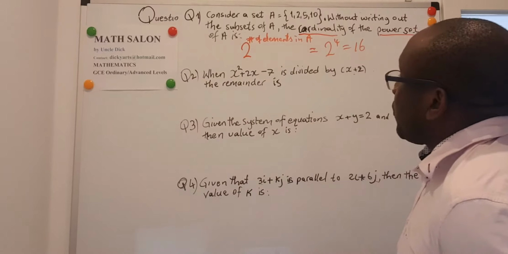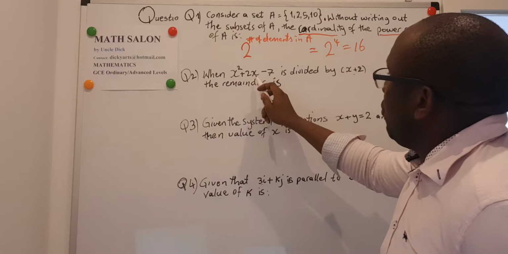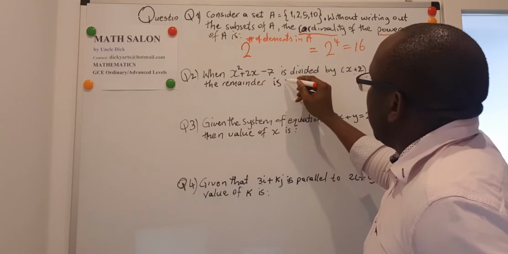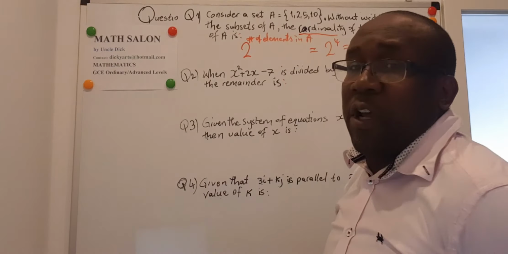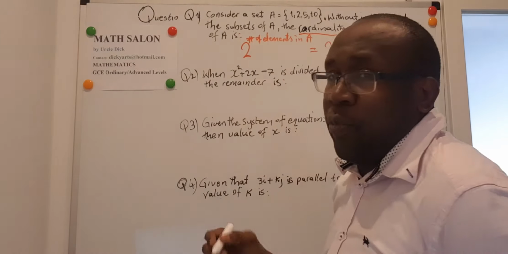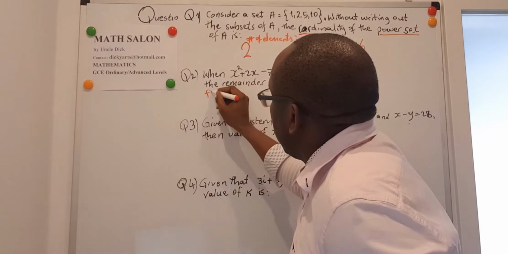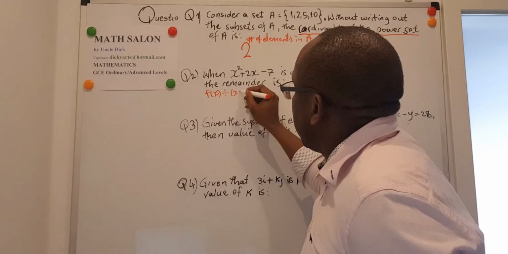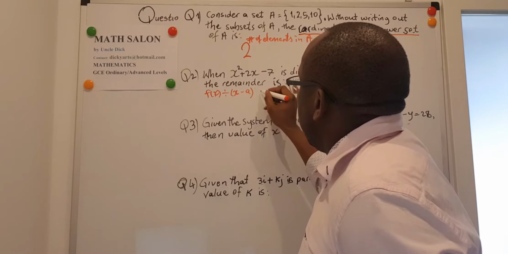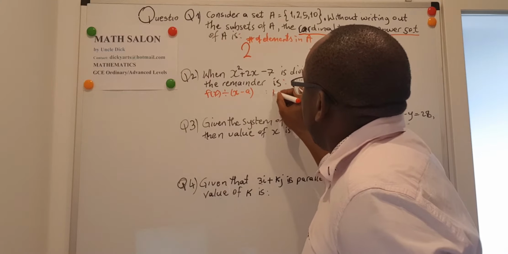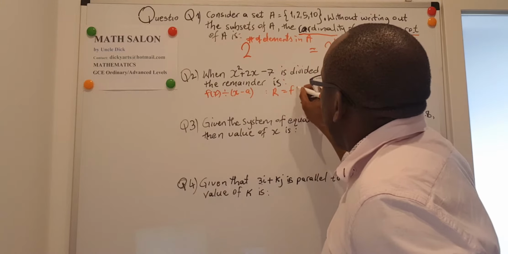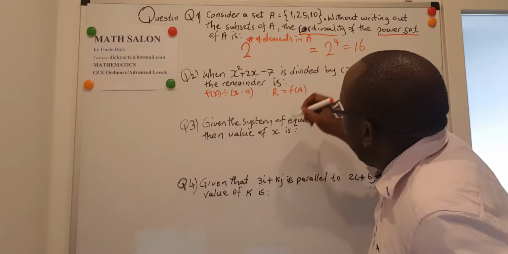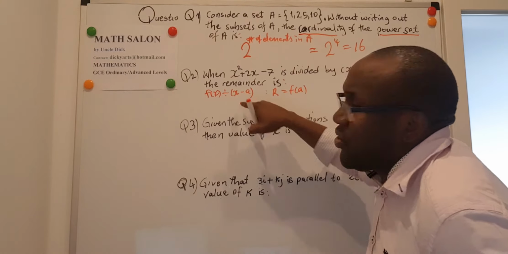Question number 2. When x squared plus 2x minus 7 is divided by x plus 2, the remainder is? So from the remainder theorem, we know that if a polynomial f of x is divided by, say, x minus a, then the remainder r is given as f of a, where the value put here is equal to the value of x that makes this 0.